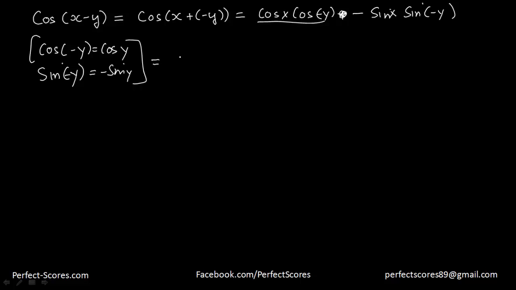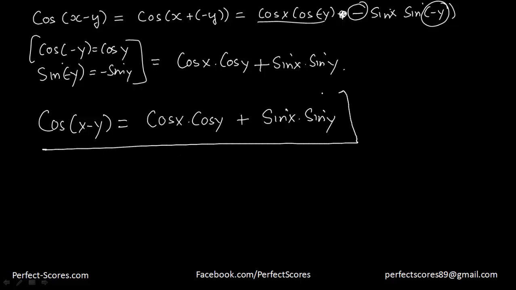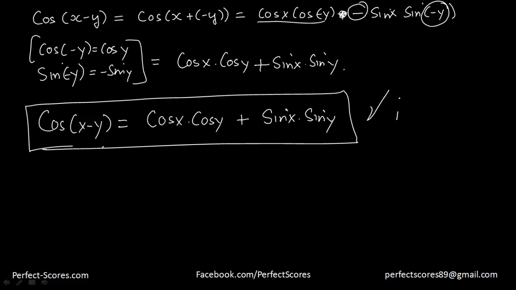So this opens up as cos of x into cos of y, and this minus is going to overtake this minus, making it a plus. So positive sine x into sine y. Which means cosine of x minus y is equal to cos of x into cos of y plus sine of x into sine of y. So that is what we have. Again, a very, very important expression. I suppose you're understanding this point, guys.